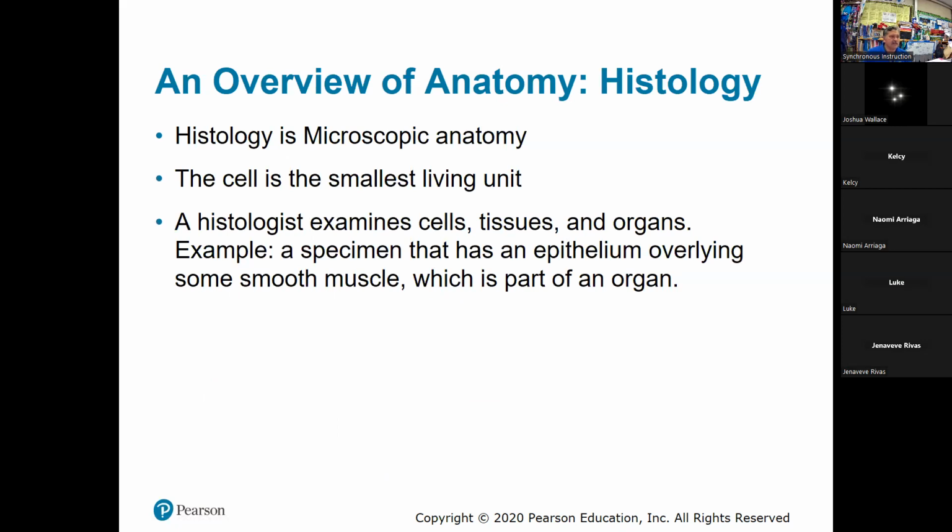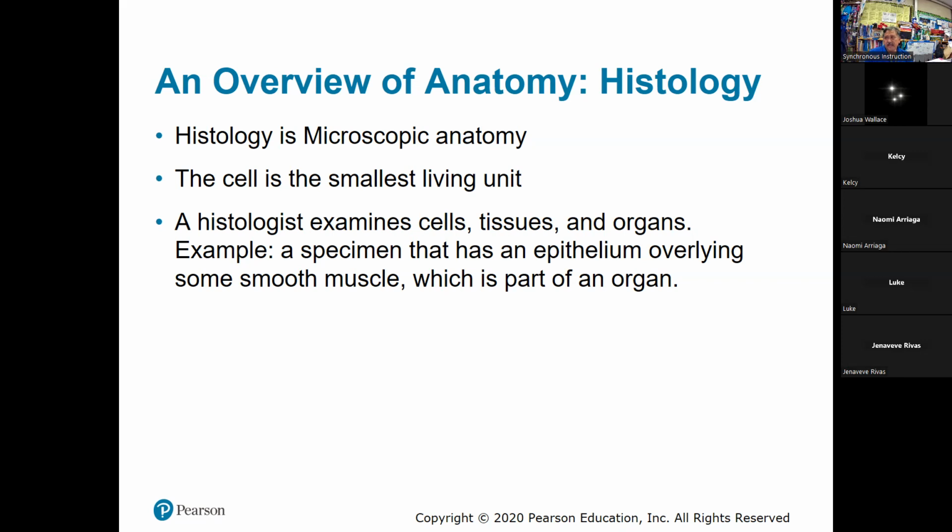Histology is often the first thing you study in an anatomy class. Histology is microscopic anatomy. This is important because we know that the cell is the basic unit of life. Everything that's alive is made up of cells. So the cell is the smallest living unit.